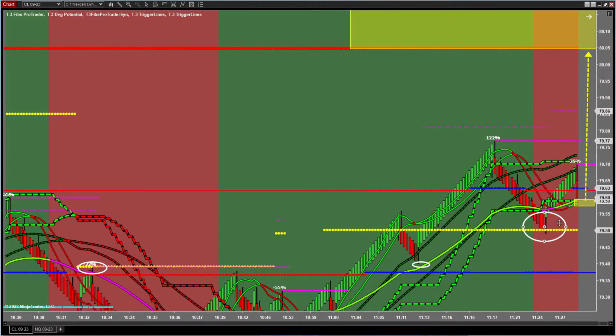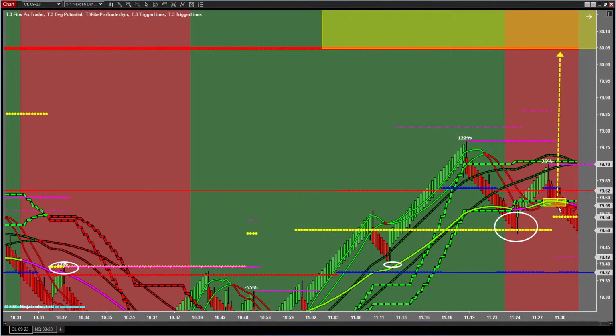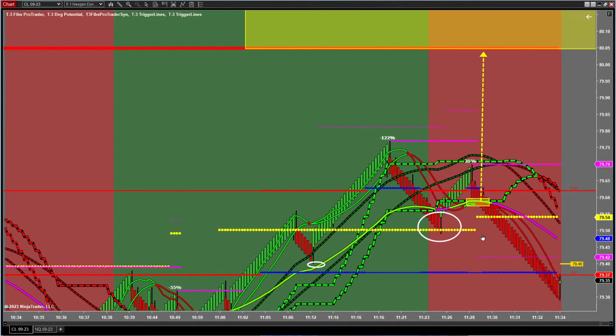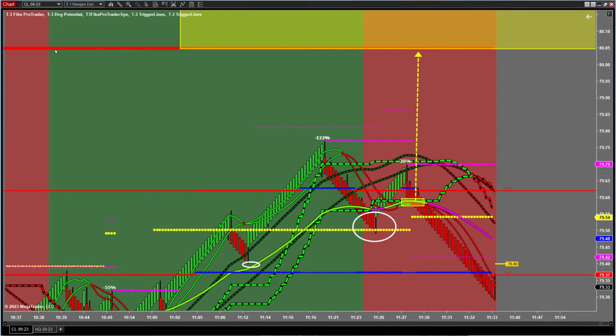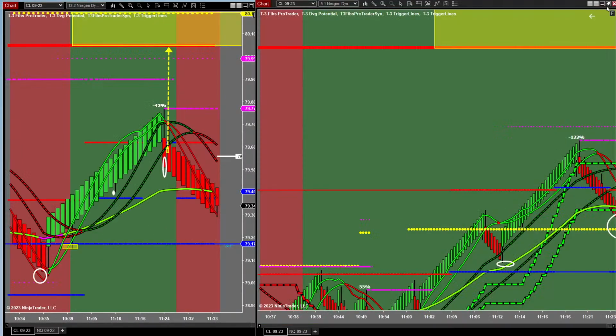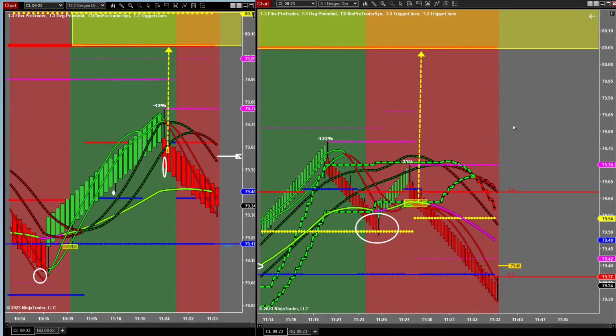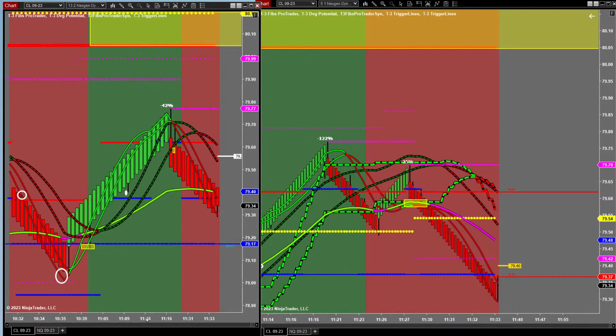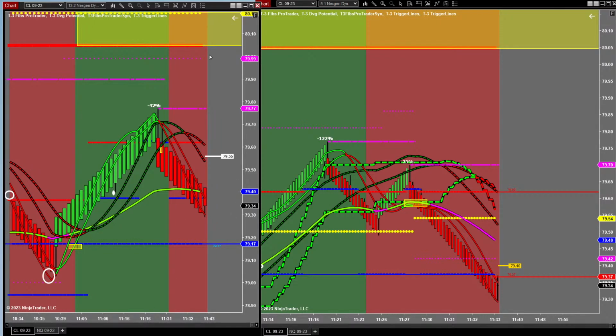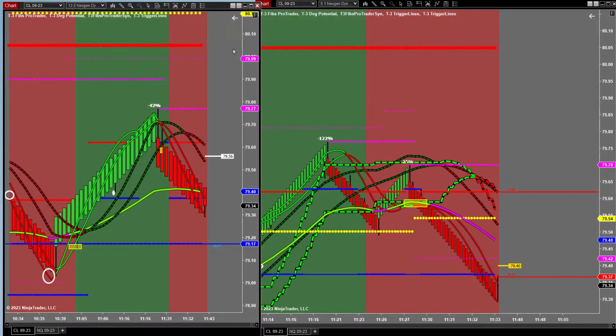If you missed it down here, this is the second chance, and you don't have to risk a whole lot, because if it gets through it, then it's going to be over really quickly. I'm never afraid to lose 5 or 6 ticks. I'm not risking 15 or 20 ticks on something like that, but if you risk 5 ticks, it's not going to hurt you. It's 5 ticks for 40. That's what it boils down to.